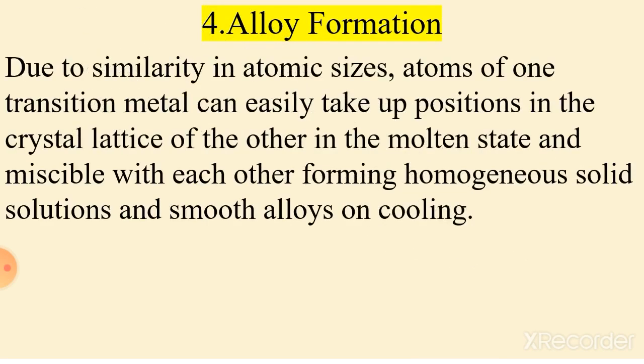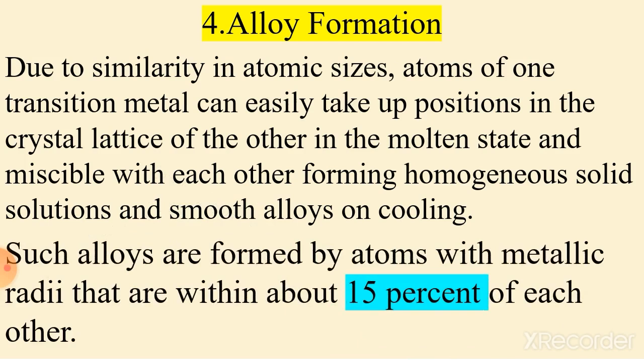Now dear students, let us focus on the fourth topic, alloy formation. I also told you in chapter 2 that a solid form of solution is known as an alloy. Due to similarity in atomic size, atoms of one transition metal can easily take up positions in the crystal lattice of the other in the molten state, and being miscible with each other, they form a homogeneous solid solution and a smooth alloy on cooling.